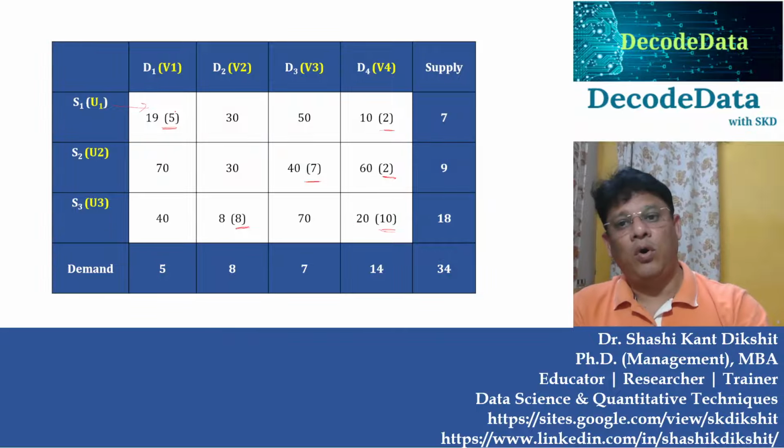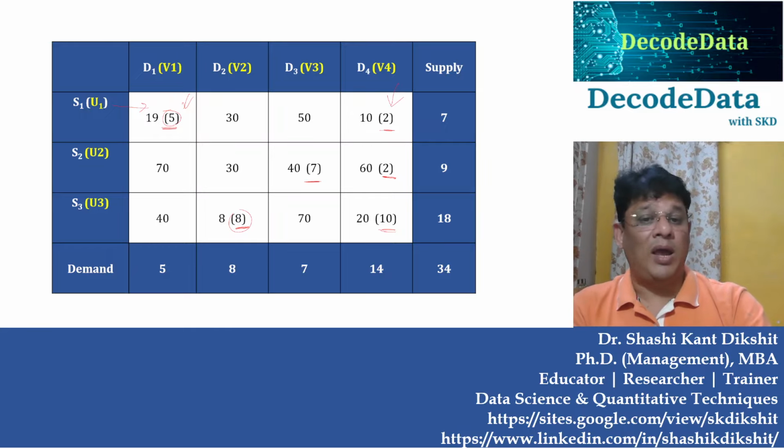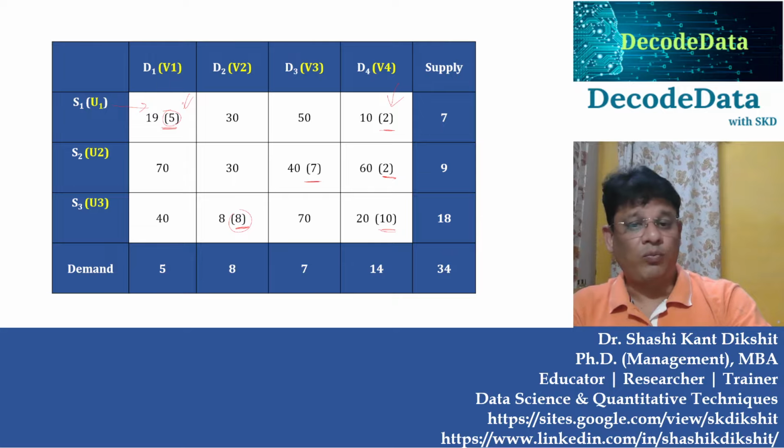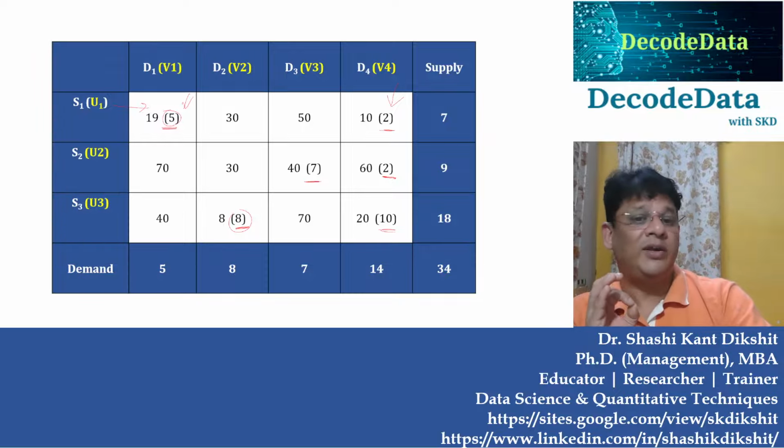So row wise, we have maximum 2 allocations, right? Now if you go column wise, in the first column the allocation is 1. In the second column, V2 allocation is 1. V3 allocation is 1 and V4 allocations are 3. So this is the column in which we have maximum allocation, right? So we will select the column or row in which we have the maximum allocation.